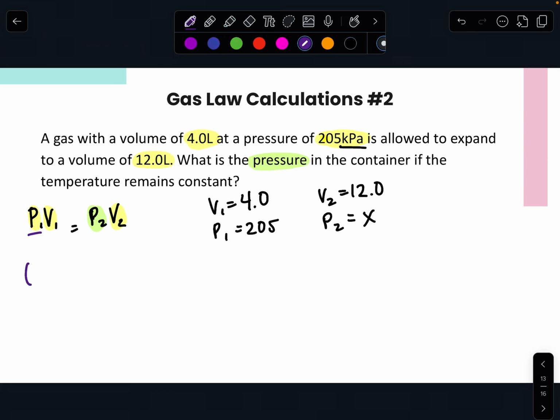So my V1 is 4.0. My P1 is 205. My P2 is the X, and then the V2 is the 12.0. So again, I can just multiply these two numbers together.